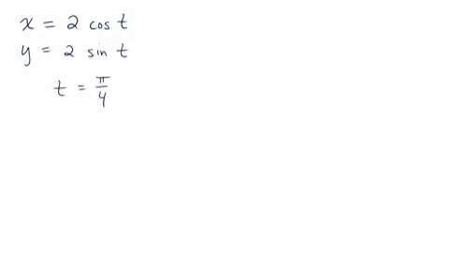So we have x equals 2 cosine t, we have y equals 2 sine t, and we have t is equal to pi over 4. Let's first find our point x comma y by substituting pi over 4 in for t with our two equations for x and y. So x equaling 2 cosine t would equal 2 times the cosine of pi over 4.